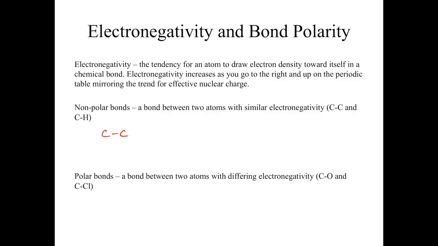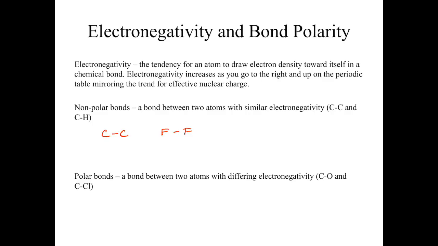When the 2 atoms are identical, you can imagine that the electron draw will be completely equal between the 2. They'll want the electrons exactly the same. This would be the case even in carbon-carbon, or even in fluorine-fluorine, F2. Even though both atoms have a very, very high electronegativity, it cancels itself out.